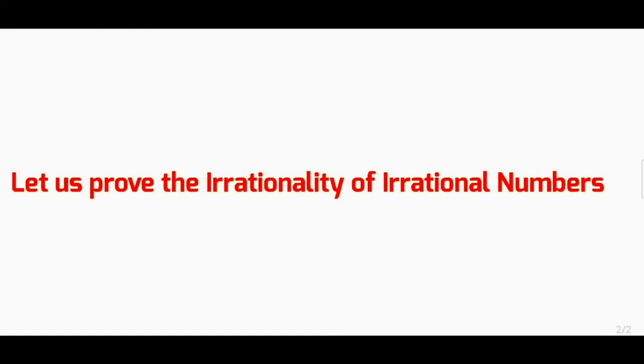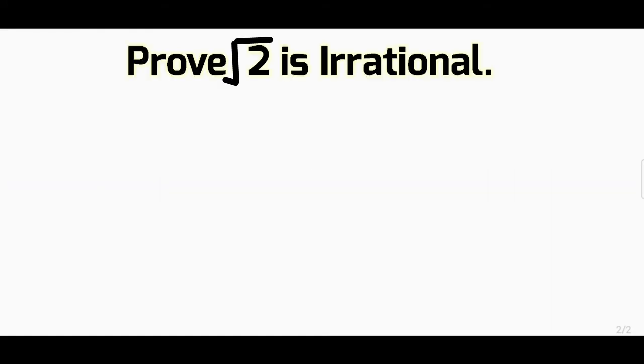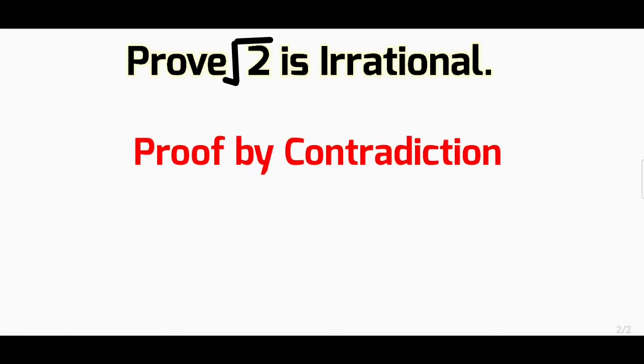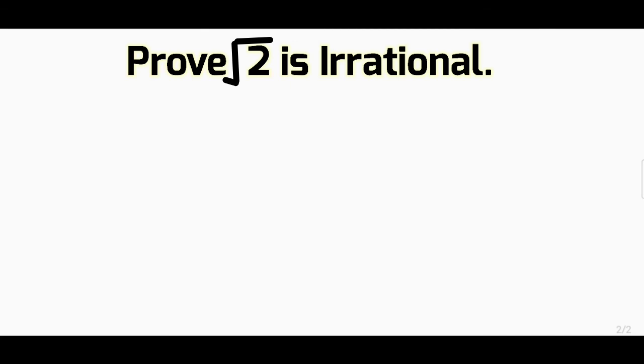So the first question here is, prove square root of 2 is irrational. To prove this, we'll use a technique which is known as proof by contradiction. For that, I'll take this square root of 2 as a rational number. Let square root of 2 be a rational number.